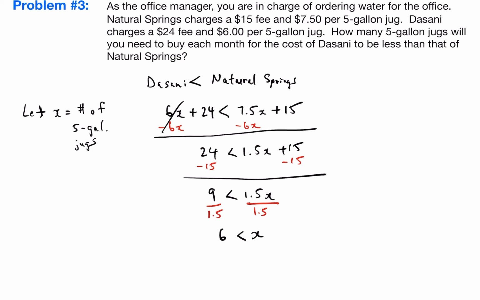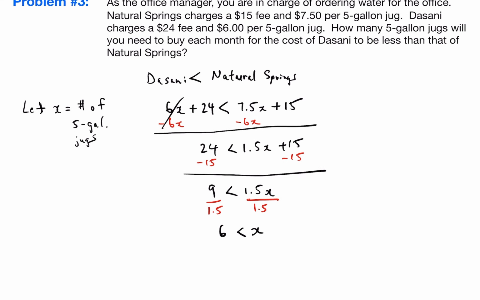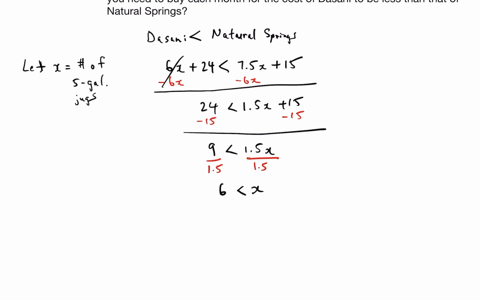Okay, so the question is, how many 5-gallon jugs will you need to buy each month for the cost of Dasani to be less than that of Natural Springs? So this tells us that it needs to be greater than 6 5-gallon jugs. So then we would need to order, at a minimum, 7 5-gallon jugs in order for Dasani to be cheaper.